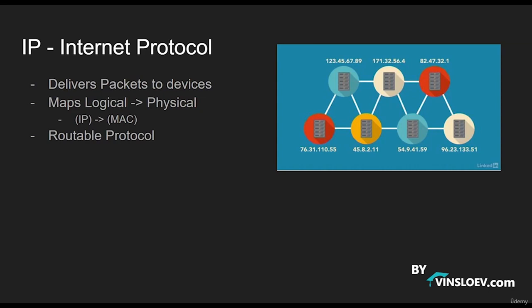But this will only work on our logical network. As soon as we go beyond our logical network, meaning that we are communicating through the router out to the global net, we need the IP protocol, because then we need to have IPs in place in order to understand what device we're going to speak to and what route we need to take in order to get to that device. So this is basically what the IP protocol does.